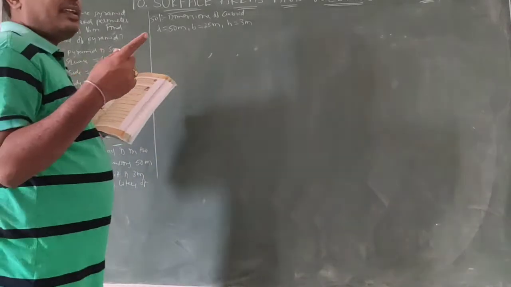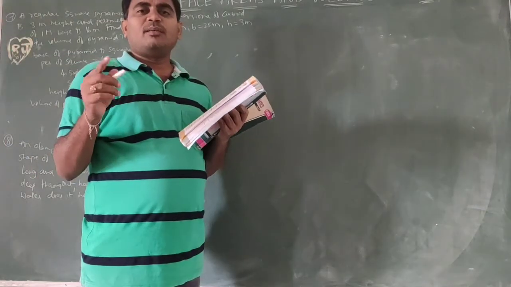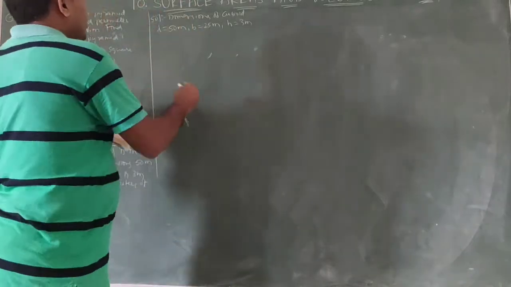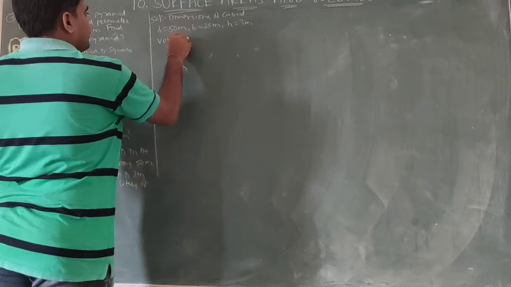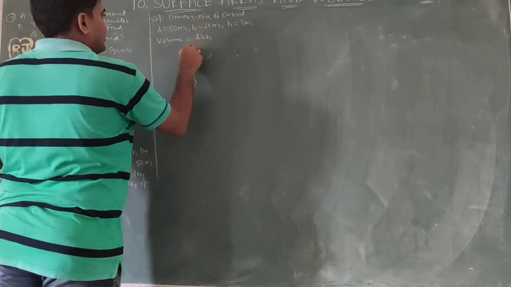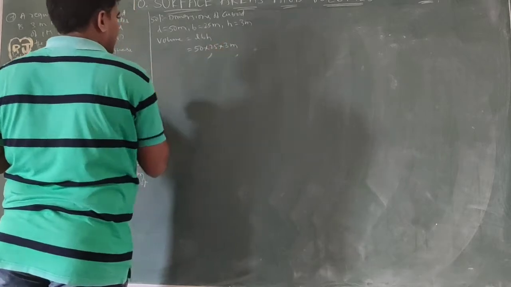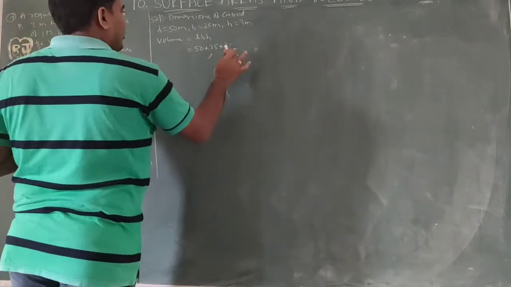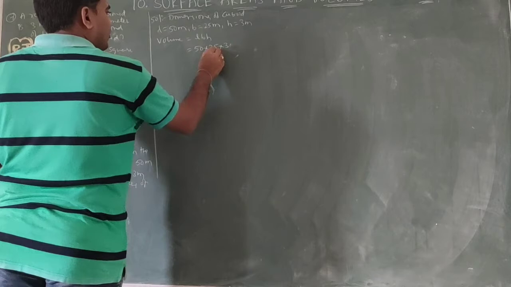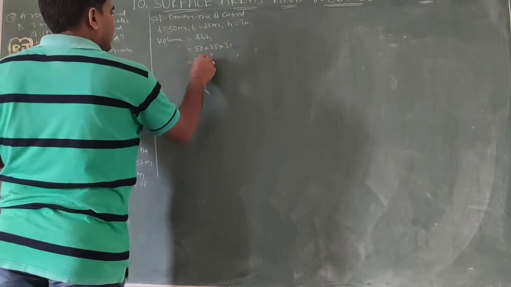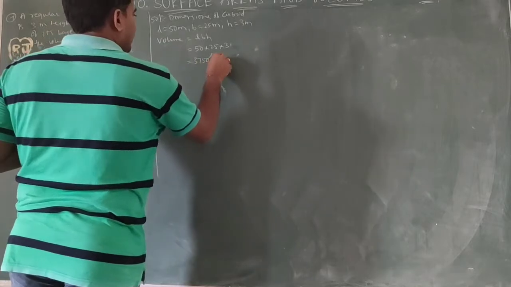How many liters it contains is nothing but how much space it occupies, and space occupied is nothing but volume. So volume equals l b h, 50 into 25 into 3 meters. 5 into 25 is 125, into 3 is 375, then 0: 3750 meter cube.